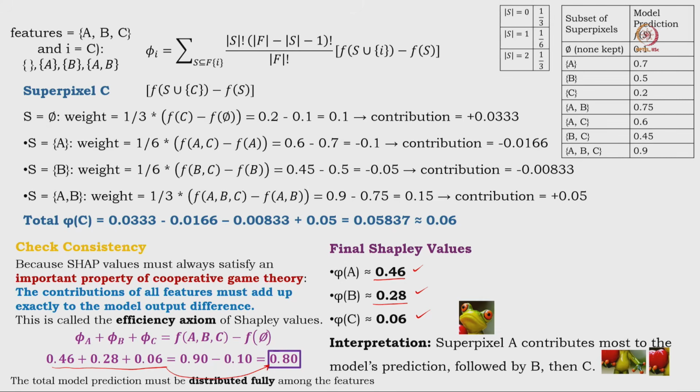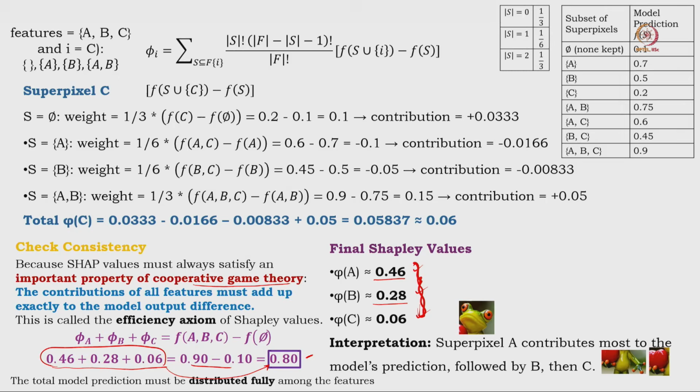Why do we have to do this? SHAP must always satisfy an important property from cooperative game theory. So, it has to satisfy this particular property. Because of this, we are checking the consistency, and when you add up all of these, the value comes to 0.80, which means whatever calculations were made are correct.